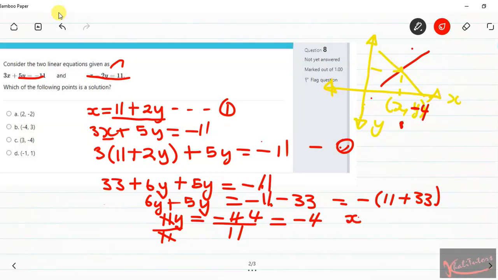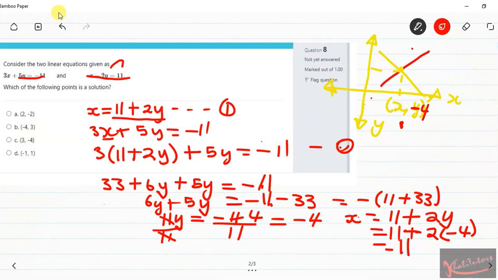Therefore x equals 11 plus 2y. We know that y equals minus 4, so we're going to have 2 times minus 4.